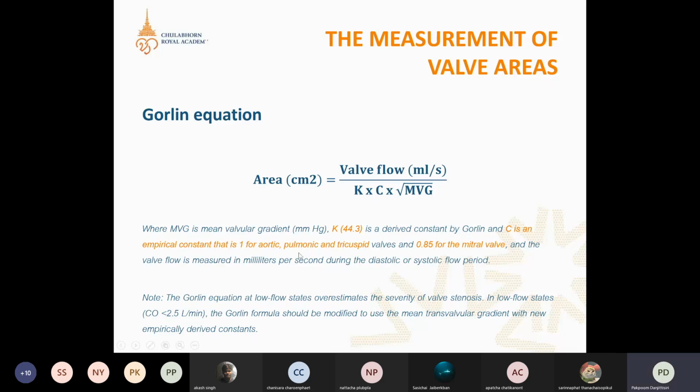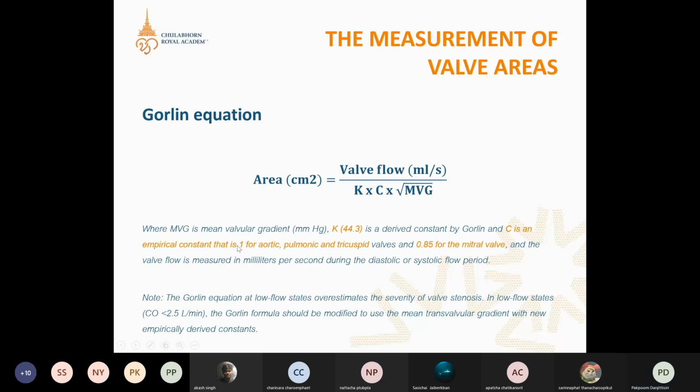That means you're going to have to change the value of C depending on the valve. Let's say if the valve has 3 leaflets, the constant is 1.